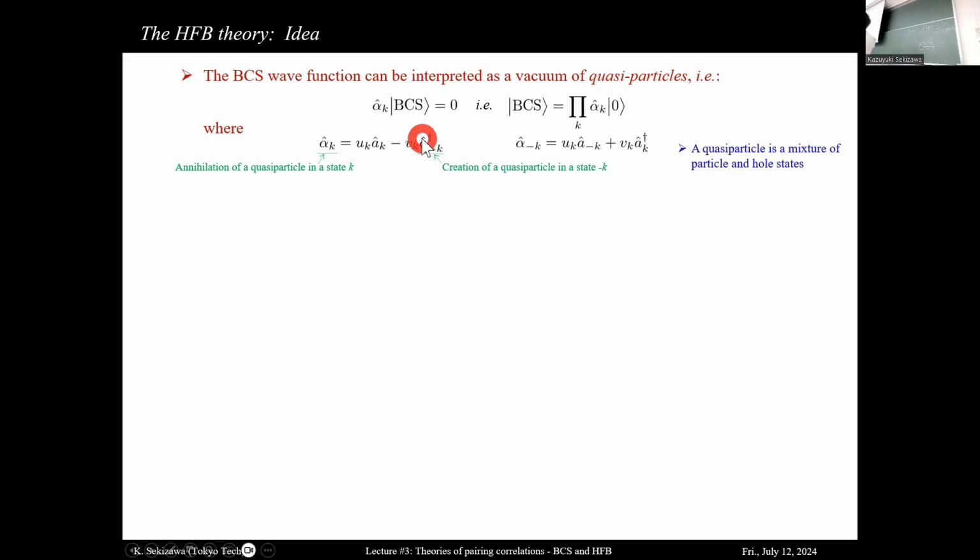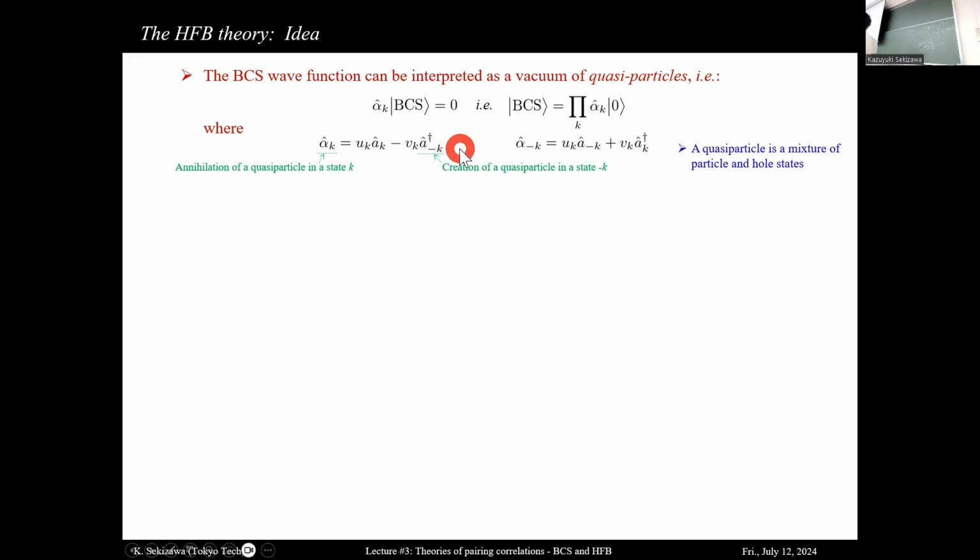Taking the BCS state, this annihilation operator alpha_k has the BCS wave function as its vacuum.